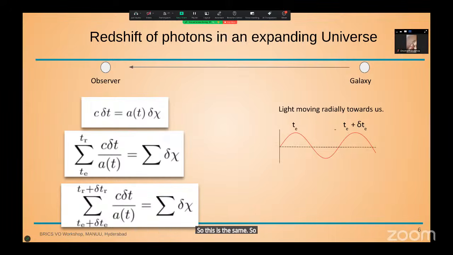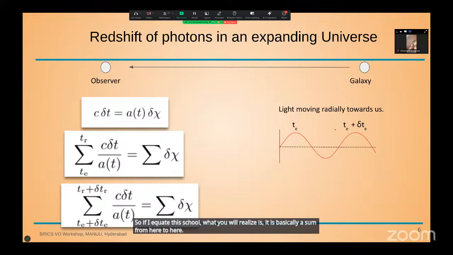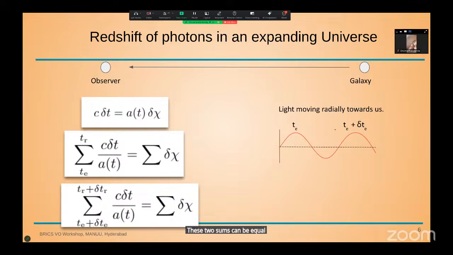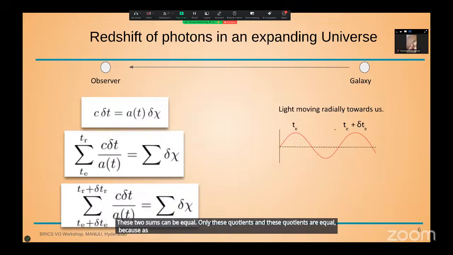So now I can equate these two. If I equate these two, what you will realize is it is basically a sum from here to here and a sum from here to here. These two sums can be equal only if these portions and these portions are equal, because the rest is exactly the same.